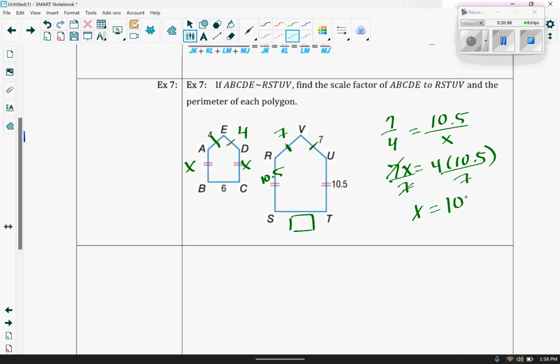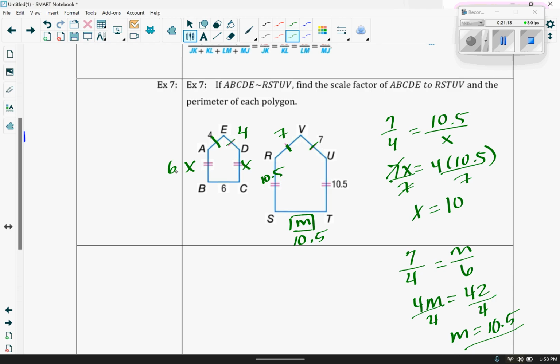And then the other one is going to be 7 over 4 equals, let's just call this m over 6. So 4m equals 42 and divide by 4. M equals 10.5. So I know that this is also 10.5. Actually, this up here gives me 42, which then this gives me 6. So that's 6, and this is 6.